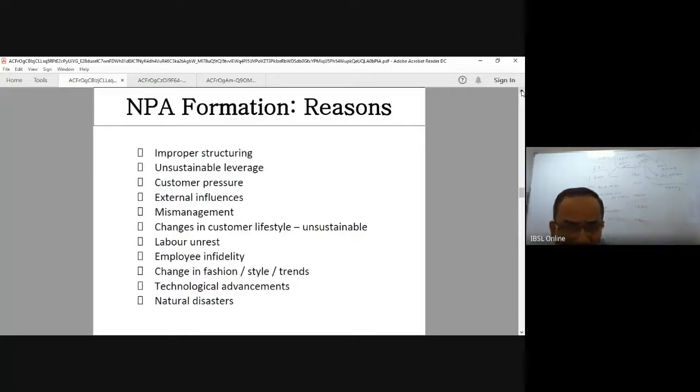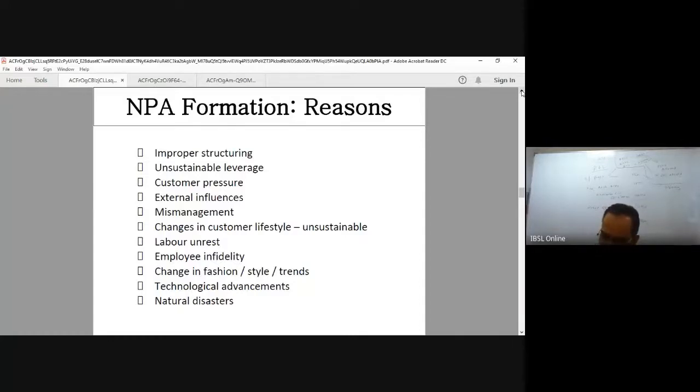So non-performing advances, what are the reasons for formation? We were looking at this at length. Improper structuring may be one of the important reasons. You structure a loan in a way which is improper, which does not exactly match the business requirements, so that there is enough room for the customer to misuse it, then it becomes non-performing, right?